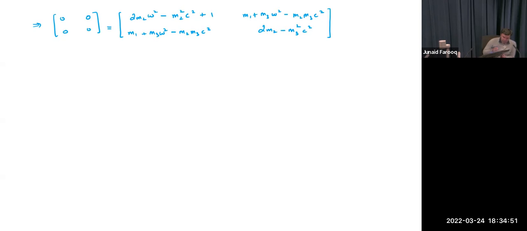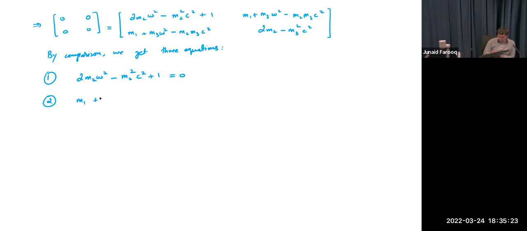So let's equate element by element. So by comparison, we get 3 equations. Right, so the first equation is 2m2 omega squared minus m2 squared c squared plus 1 equals 0.